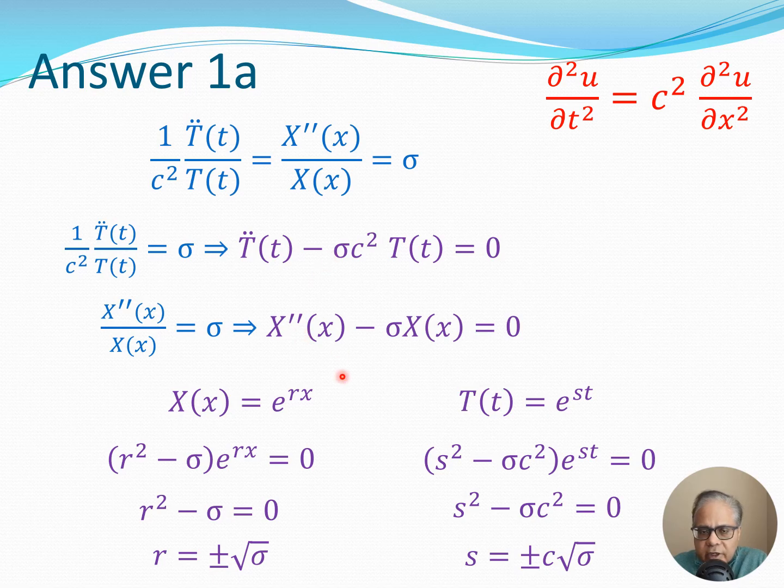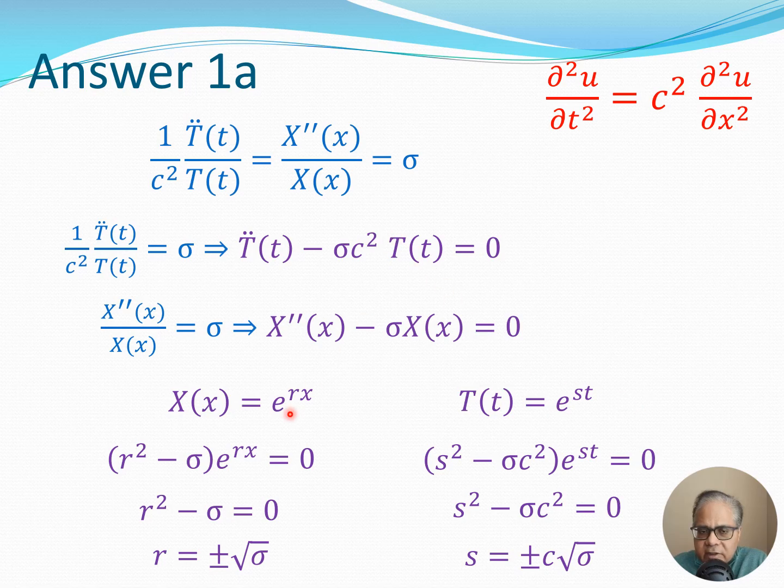Looking at these two equations, we know that we can get exponential solutions for these problems, because remember sigma c square is a constant, and sigma here also is a constant. So these are essentially constant coefficient ordinary differential equations. I can presume that X of x is e to the power Rx and T of t is e to the power st.